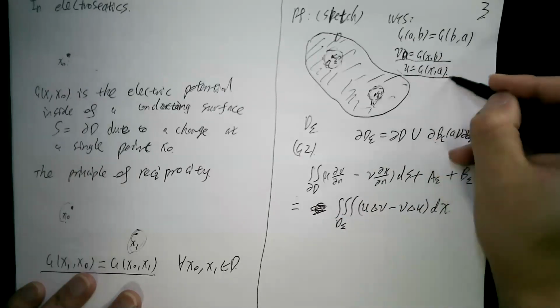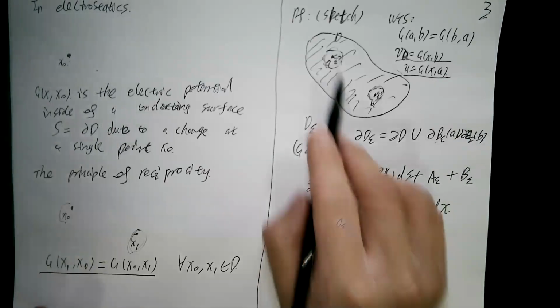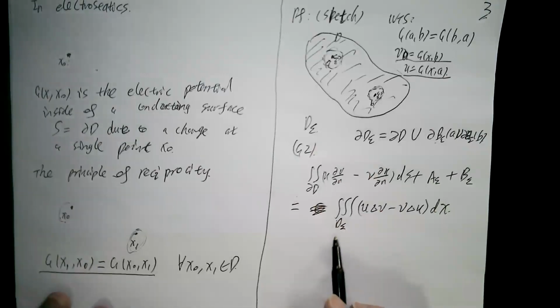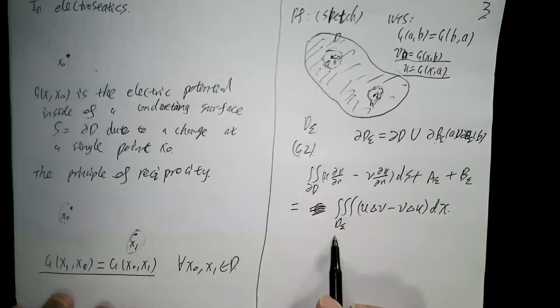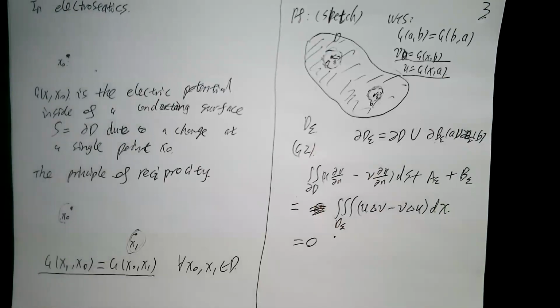This is your u, this is your v. They are both Green's functions, and we do a cutoff so that the Green's functions become harmonic. They have no singularity on D epsilon. Oh, okay, so it's equal to 0. Got it. Thank you.